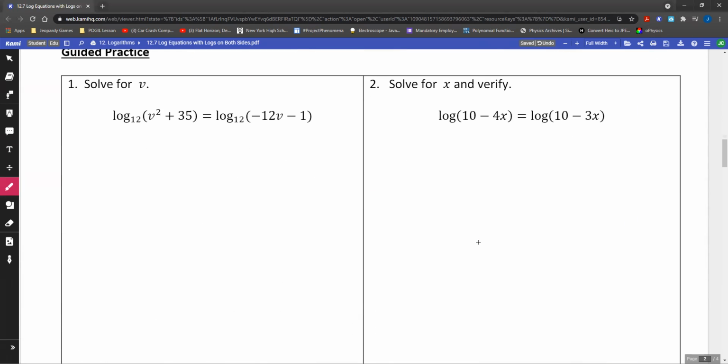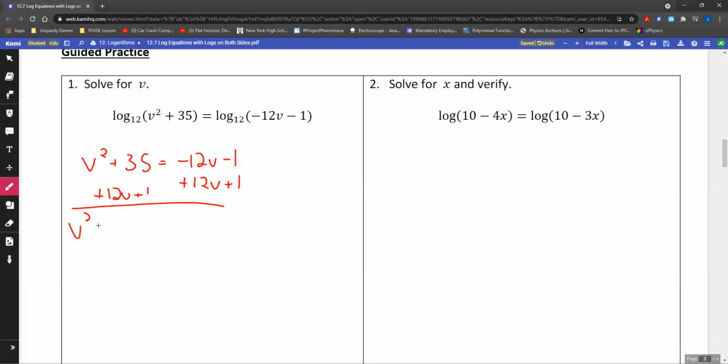All right, so some more practice problems. And remember, the only way that we can actually do these is if the log bases are the same. So here, both these log terms are base 12. And the thing is, it doesn't even actually matter at this point, because all we're going to do is set the insides equal to each other. Move the 12b plus 1, add 12b plus 1.